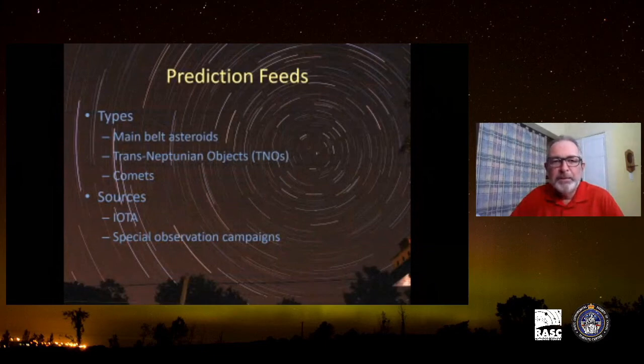But if you happen to be able to observe a comet and catch the comet occulting a star, you could actually come up with an accurate measurement for the size of the comet's core, which would be a pretty cool thing. The special observing campaigns, we talked a little bit about that as well.